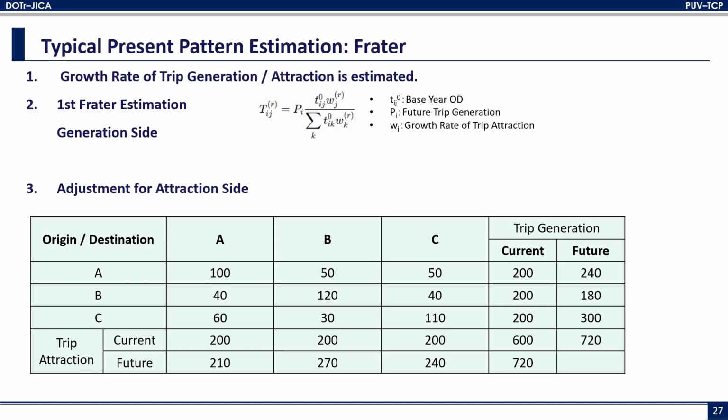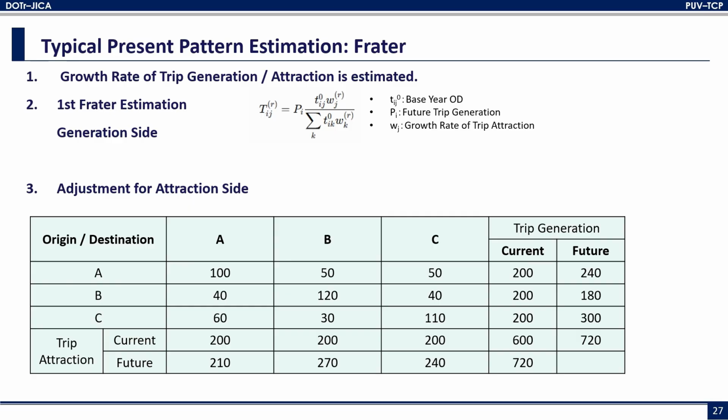And there you can see the tables below, where the present trip distributions and the present and the future trip generations and attractions are given. Currently there are 600 trip demand in total, and it is expected to be 720.